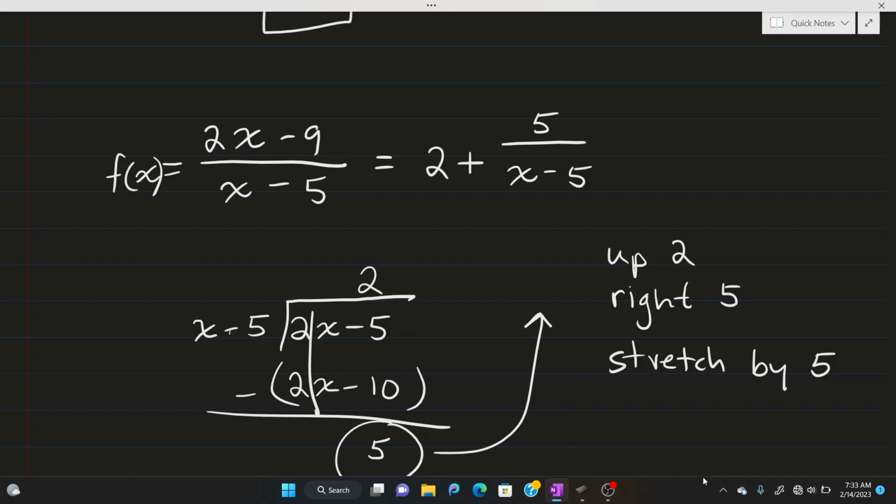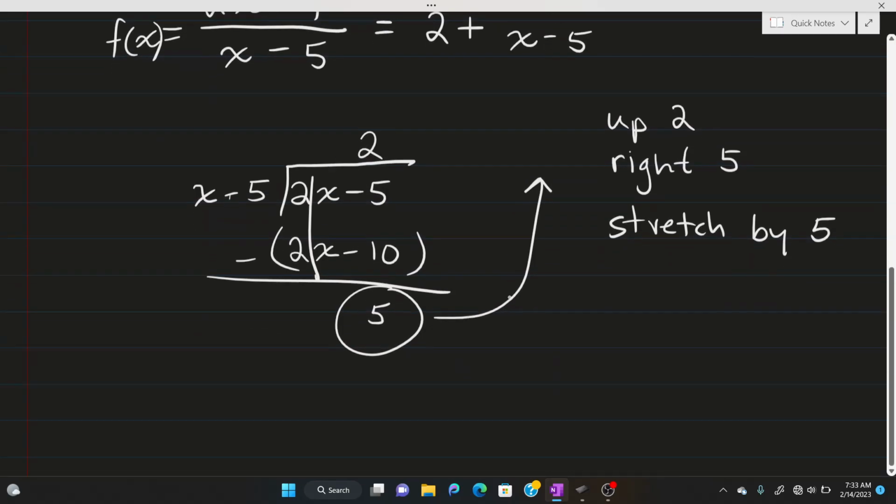We're going to do one more where I'm going to give you a little bit of a preview of what an oblique or slant asymptote is. So an oblique or slant asymptote occurs when the polynomial in the numerator is exactly 1 degree higher than the denominator.